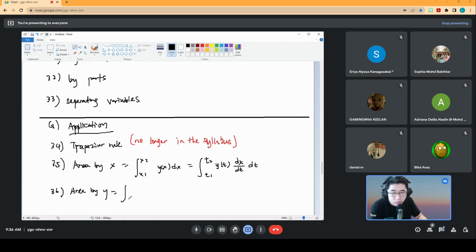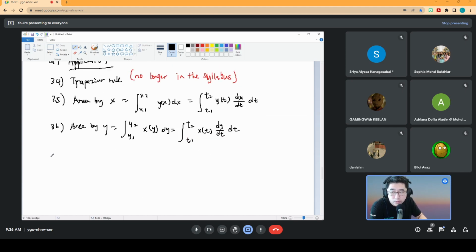You have the integral from y1 to y2 of x in terms of y dy, or in the parametric form, the integral from t1 to t2 of x in terms of t, dy/dt dt. Or we have the volume formulas, 37, volume by x.